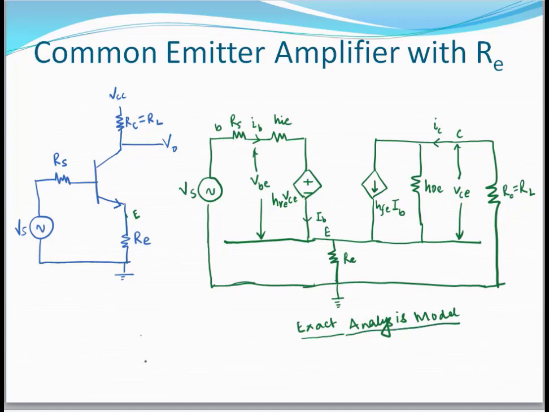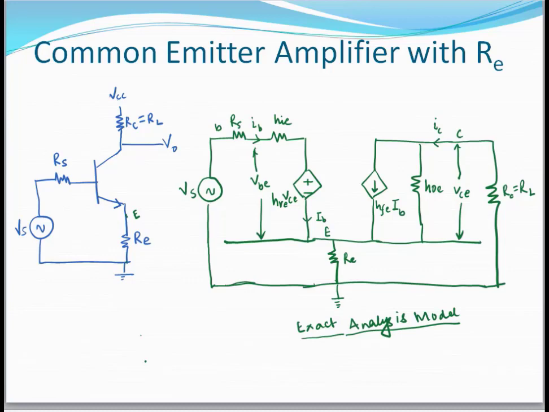So what if I want to draw the approximate model analysis for the given circuit, and what should be the condition for the approximate analysis for the given circuit? If RE were not there, what was the condition?